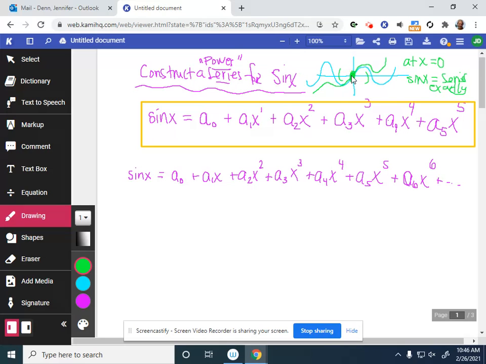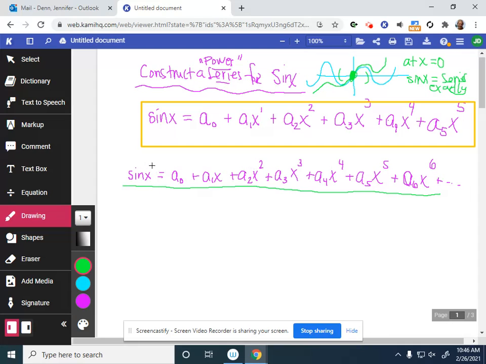We're guaranteed that strength because that is the center of the interval of convergence. So if I plug 0 into both sides, these should be an exact match.